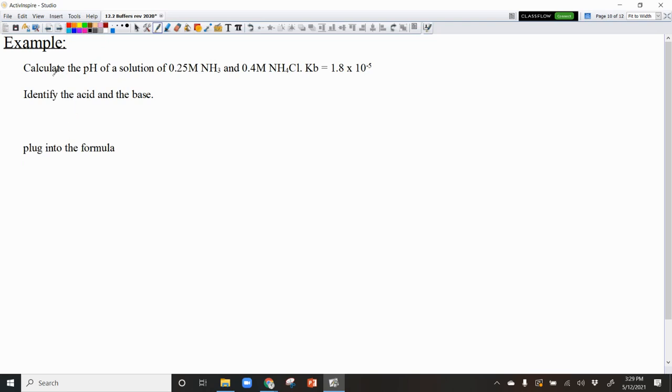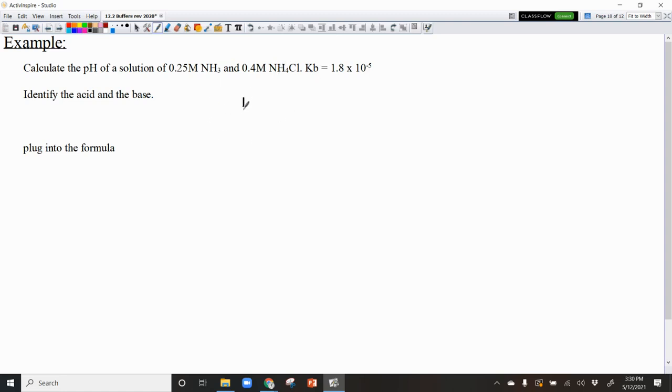All right, so for our next example, it says calculate the pH of a 0.25 molar NH3 and a 0.4 molar NH4Cl. And we have a Kb here instead of a Ka. So it's the very exact same way, only this is a base, right? And its conjugate acid.